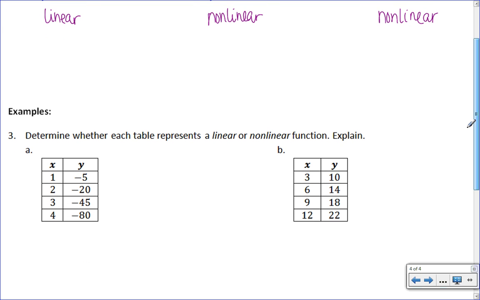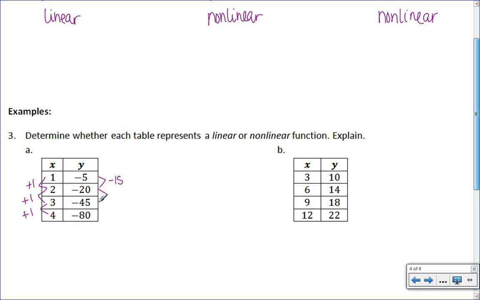Okay. When we're looking at a table to determine whether a table represents a linear or nonlinear function, you will want to remember that a linear function has a constant rate of change. So we should be able to see that in the table. So here we see that x is increasing by 1 each time. And then y, from negative 5 to negative 20, goes down 15.